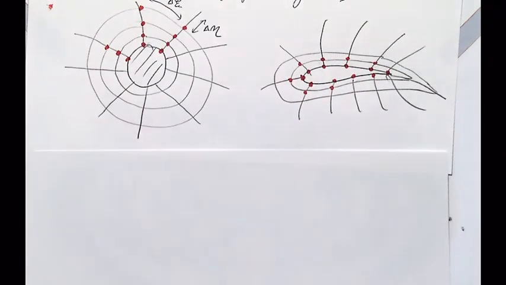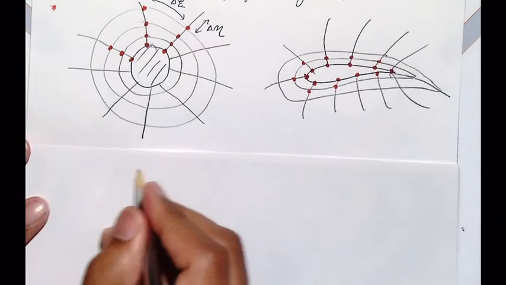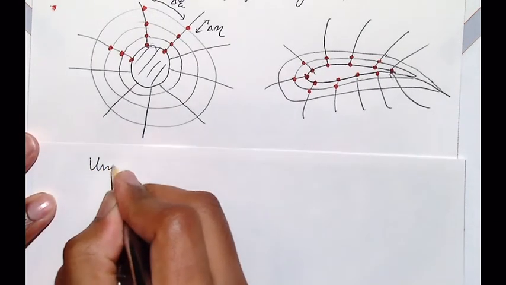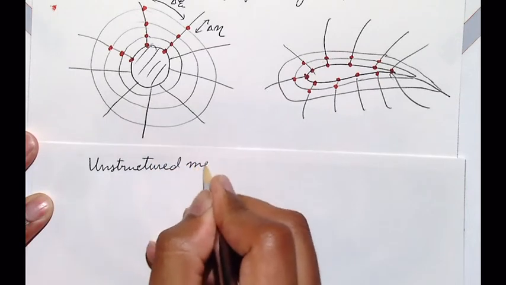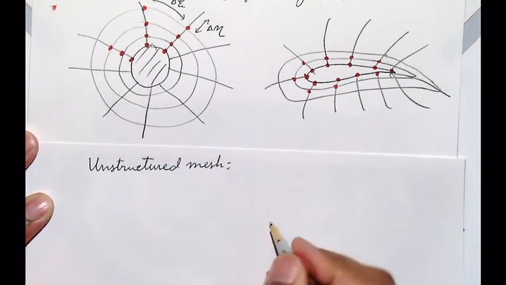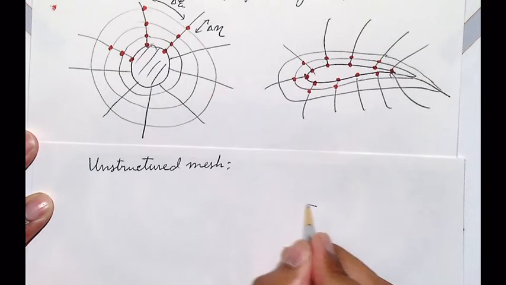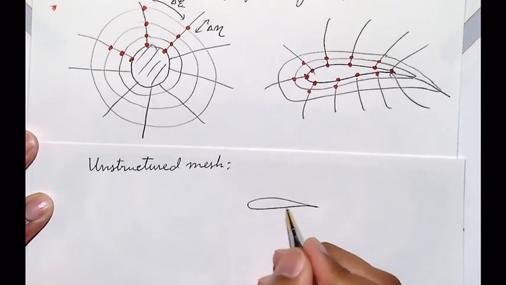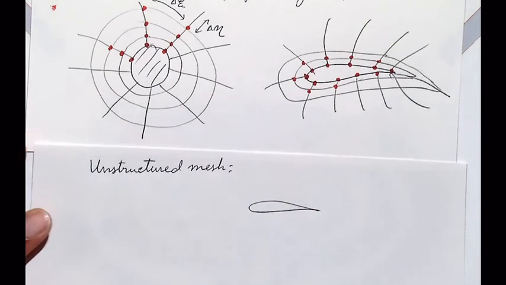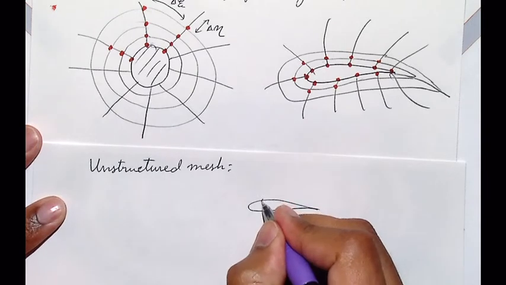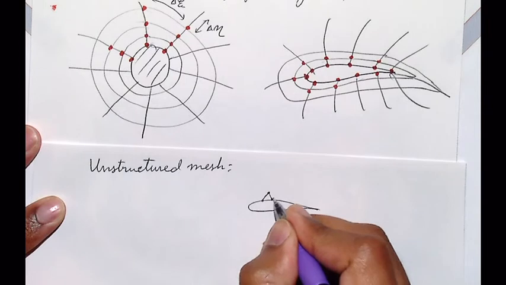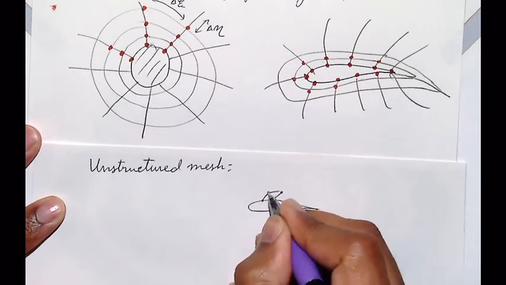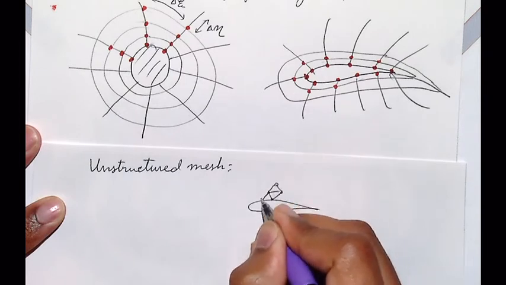All right. So there's also something called a completely unstructured mesh, where let's say you have the airfoil, and you would discretize it using, let's say, triangles. Oh, I don't want to draw too many triangles.